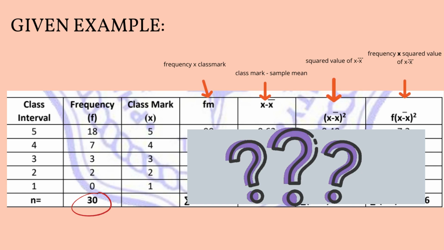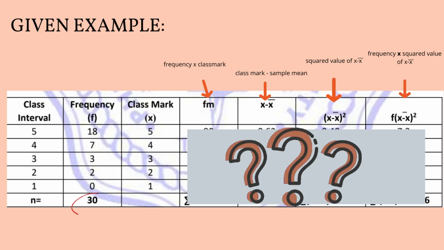Meanwhile, for the frequency, ito naman yung mga bilang kung ilan ang nagsagot per scale. Okay? So, makukuha nyo lang yung value ng frequency kapag tapos na kayo mag-gather ng data para mabilang nyo kung ilan yung nagsagot sa 5, 4, 3, 2, 1. So, this is just an example na lang for you to have a guide.